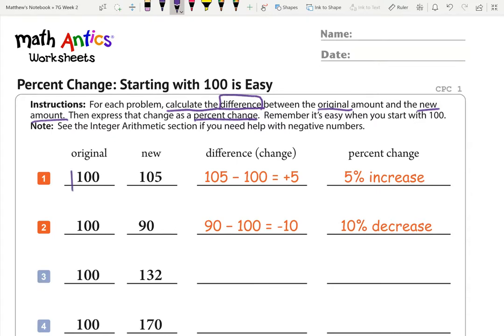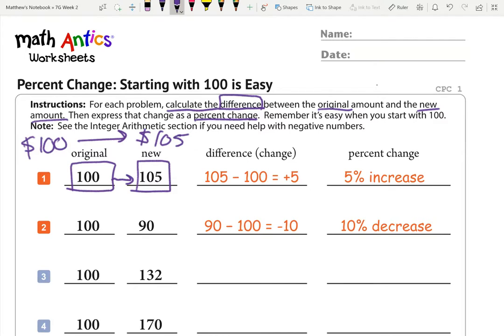Let's say we have a pair of shoes, and they originally cost $100. But after 1 year, they start to become more rare, more valuable, and so the cost of those shoes goes up to $105. What's the difference? If we went from $100 to $105, what is the cost difference?